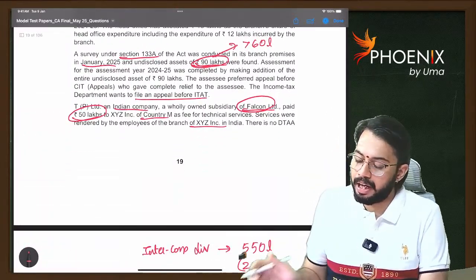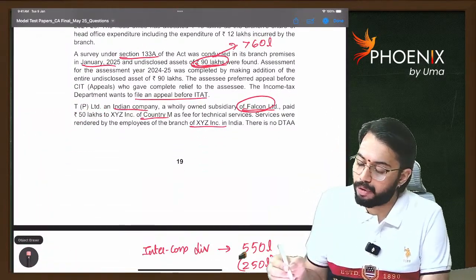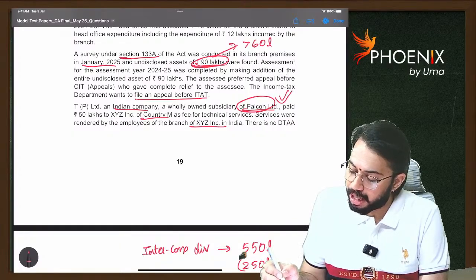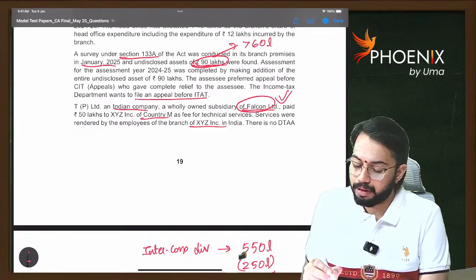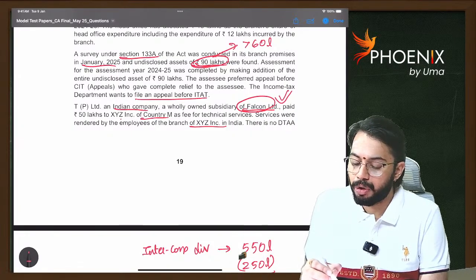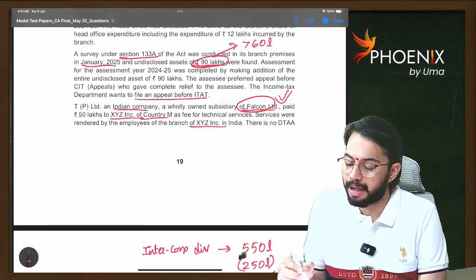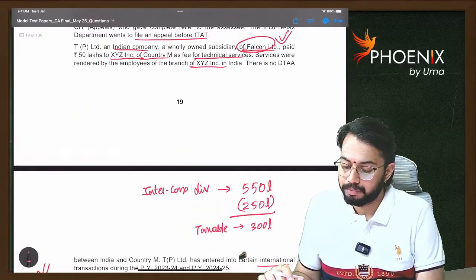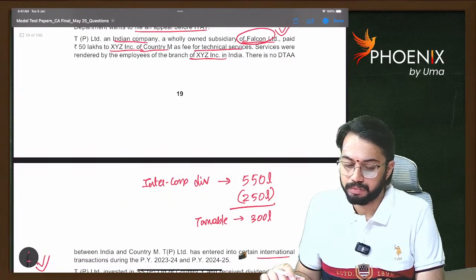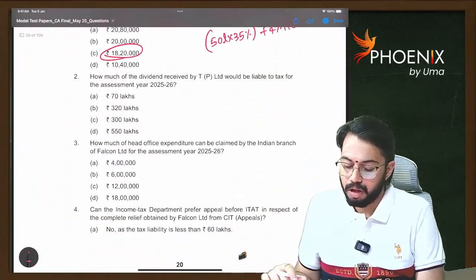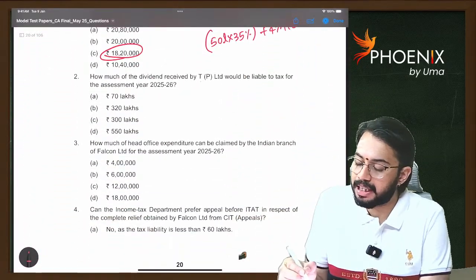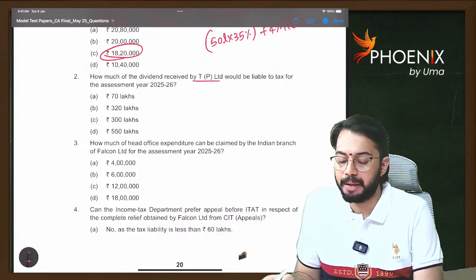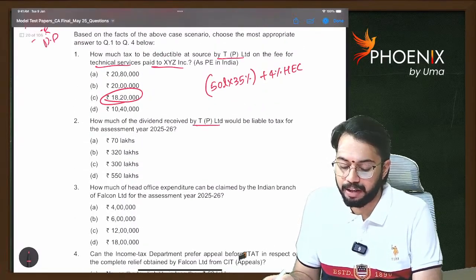So here, Indian company which is wholly owned subsidiary of Falcon Limited paid 50 lakhs to XYZ Inc. of Country M as fees for technical services. Next, how much of dividend received by T Private Limited would be liable to tax for assessment year 25-26?